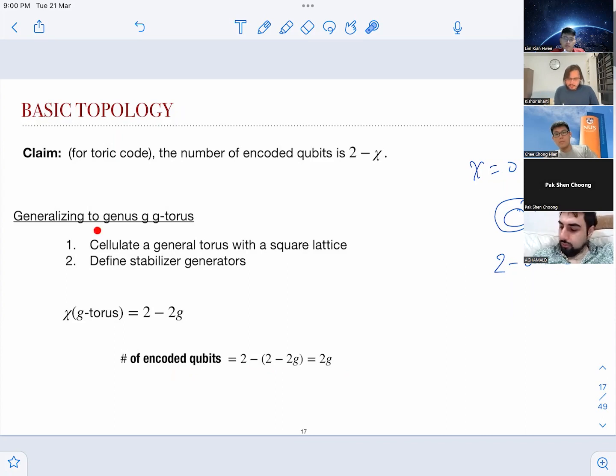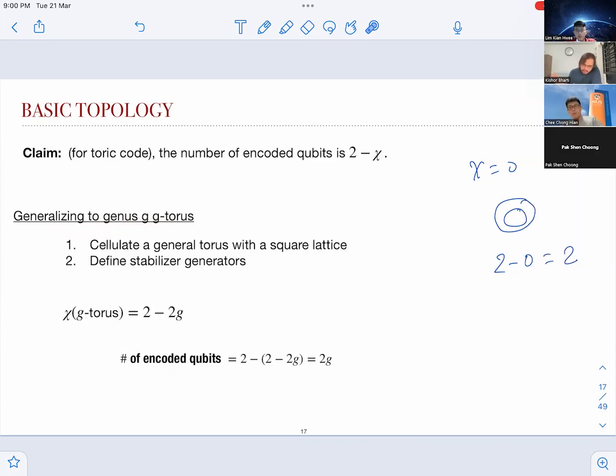So the idea is very simple: you generalize the toric code to a g-torus by cellulating a general torus with a square lattice, and you can analogously define the stabilizer generators and so on, and you can encode more logical qubits.